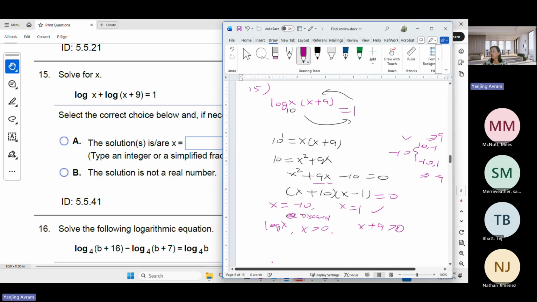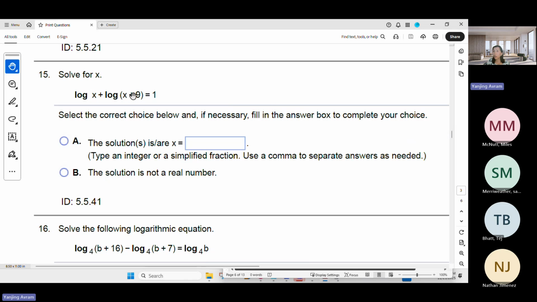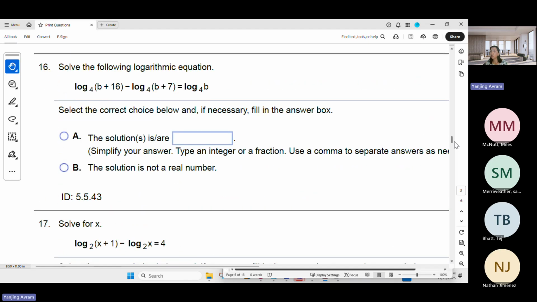All right, the only solution will be just x equal to 1, because we cannot keep this solution. It didn't fit into our domain here. Each log's argument should be greater than 0. So that's why you also have to check the solution for the logarithm.